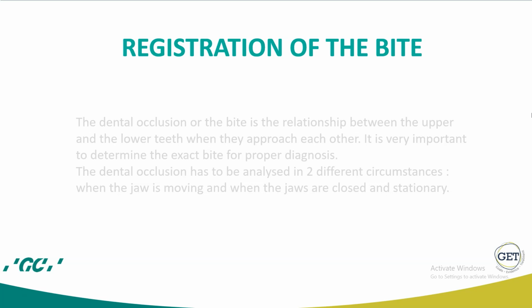It is very important to determine the exact bite for proper diagnosis. The dental occlusion has to be analyzed in two different circumstances. Number one, when the jaw is moving, and two, when the jaws are closed and stationary.